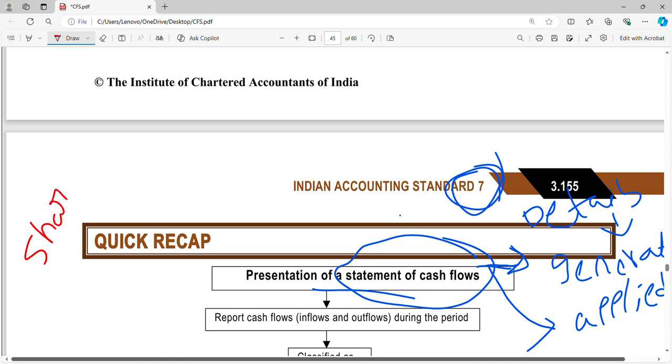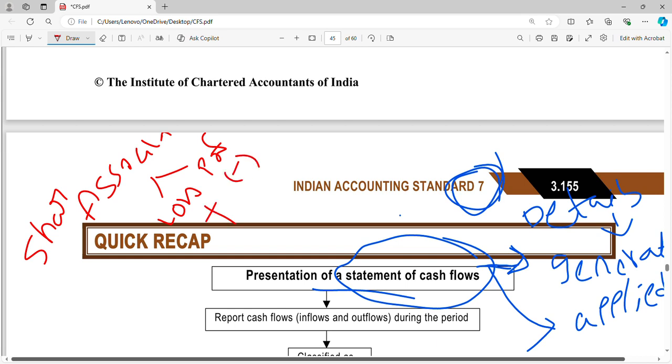In operating activity, an adjustment entry will be the share of profit or loss from the associate. If it is a share in loss of associate, we need to add back, and if it is a share in profit of associate company, we need to deduct.